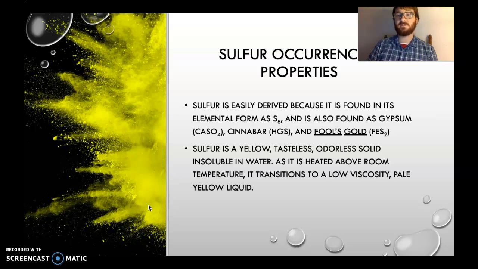It's also found as gypsum and cinnabar, which are minerals, and kind of beautiful minerals too, and as well as fool's gold. So if you remember the gold rush, where everyone went out to California, a lot of them were pretty disappointed because what they found instead of real gold was fool's gold, which is a mixture of iron and sulfur, which has the appearance of gold.